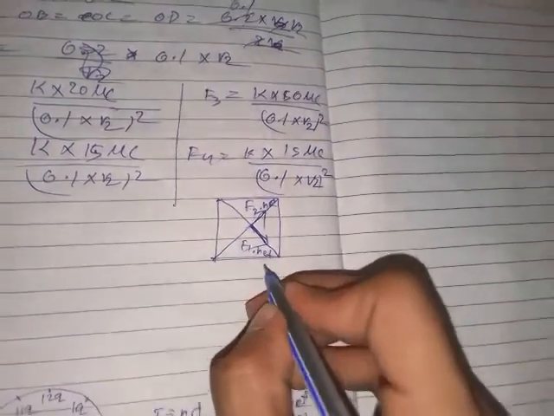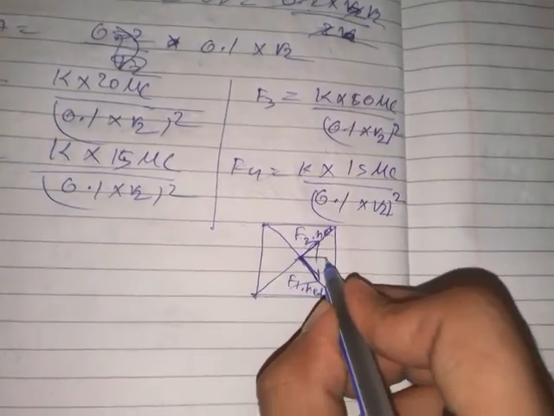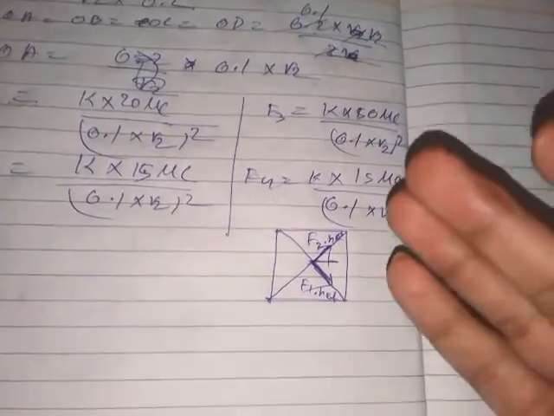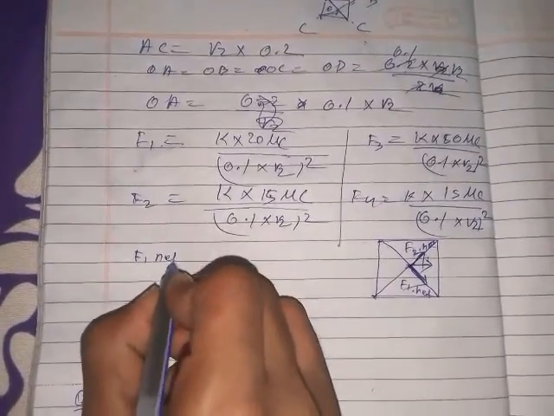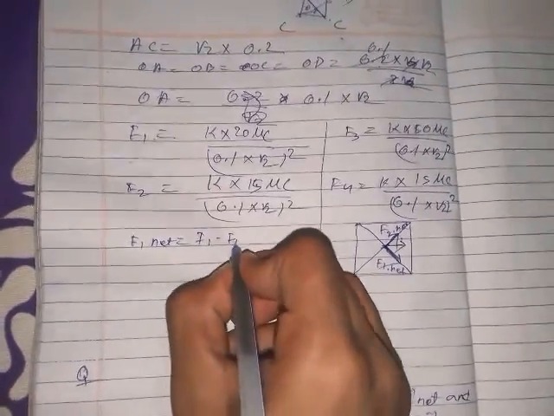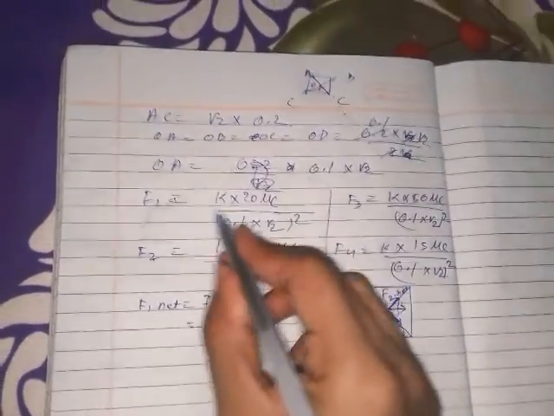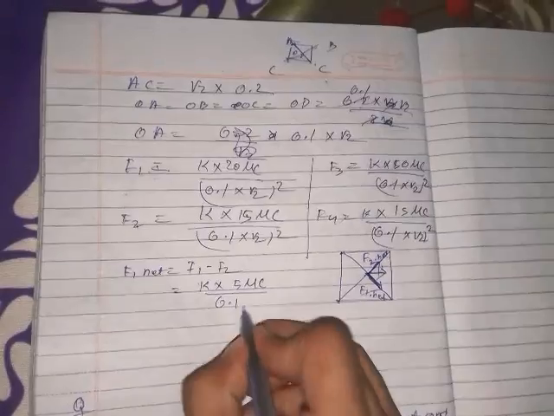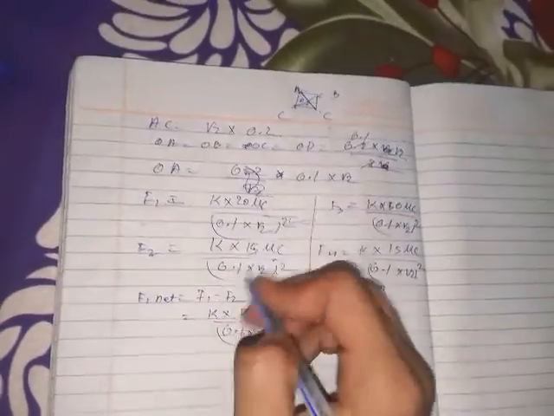These act in perpendicular directions, and the resultant is found by vector addition. F1 net is equal to F1 minus F2, which is K into 20 minus 15, 5 microcoulomb divided by 0.1 into root 2. All denominators are the same, so the numerators are subtracted.